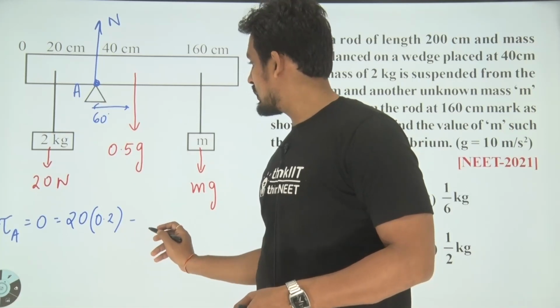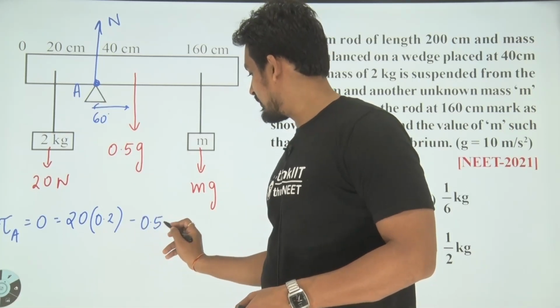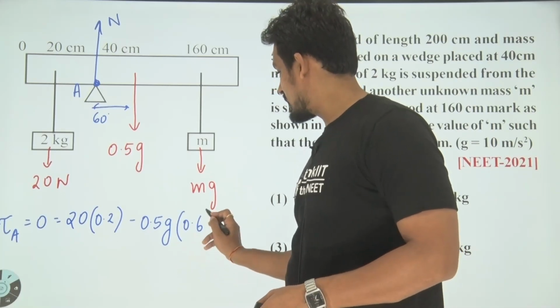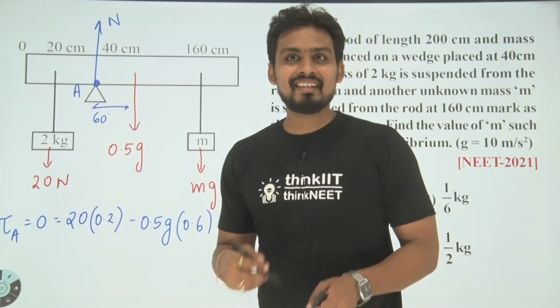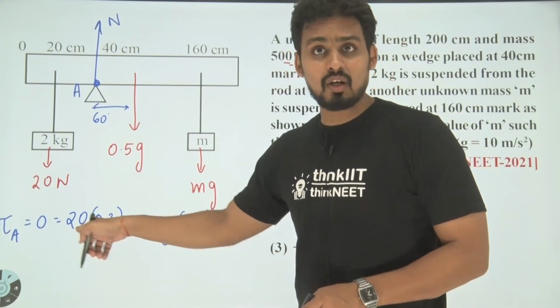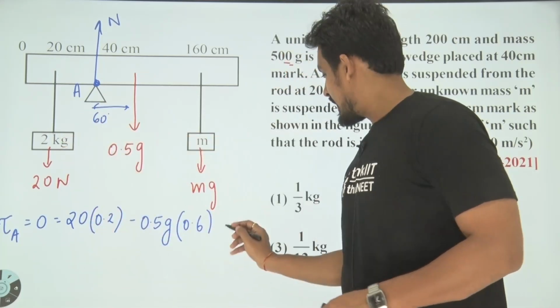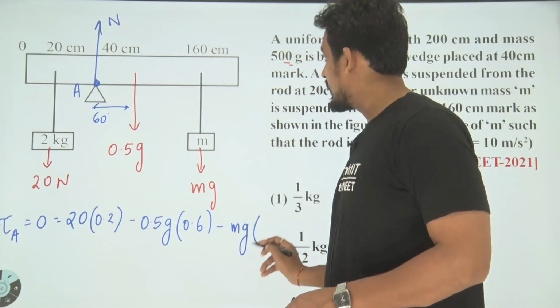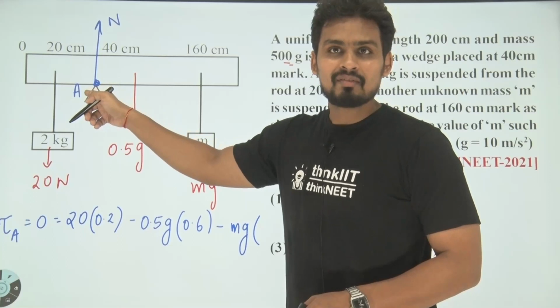So I can say this is equal to minus 0.5 into g into 0.6. And this mg is also acting in the clockwise direction, that is opposite to the direction of the 2 kg. Hence I would write down minus of mg into 160 minus 140.